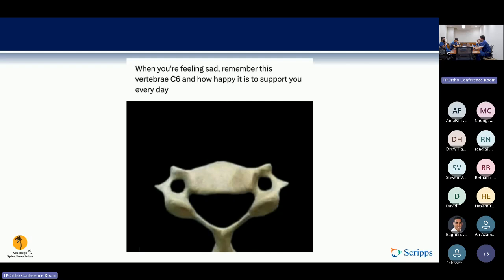Yeah, I think the pearl that I recently learned from a call case is being careful with C2 screws, really paying attention to the anatomy. I'm trying to figure out ways to get better at them because I haven't put a ton in, obviously. But in conjunction with navigation, still paying attention to traditional landmarks and using both is super important, because using one or the other can sometimes get you in some trouble.